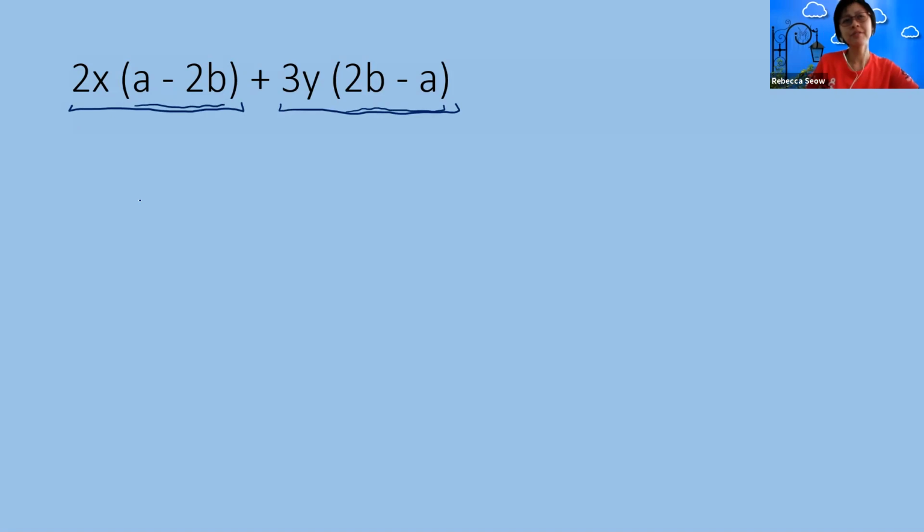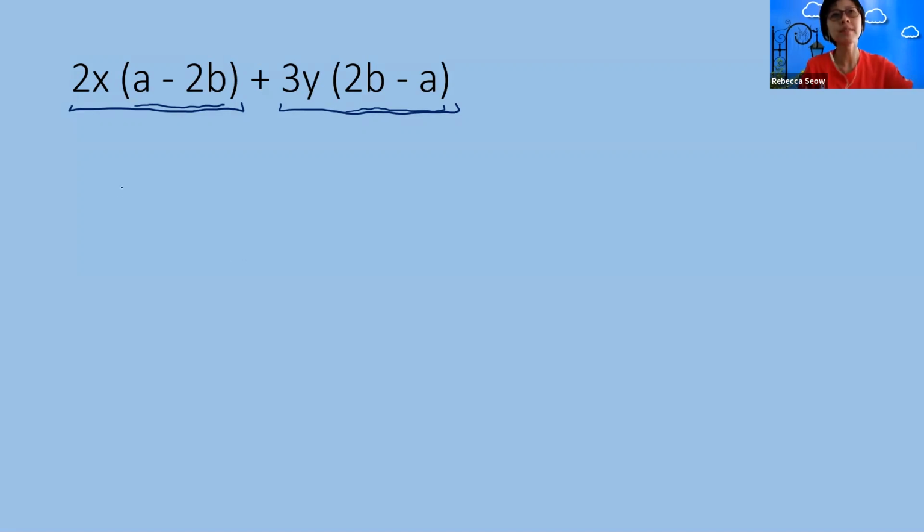However, the difference is with regards to the sign that comes with a and 2b. They are somehow reversed. So how can we make the terms inside those brackets become the same?